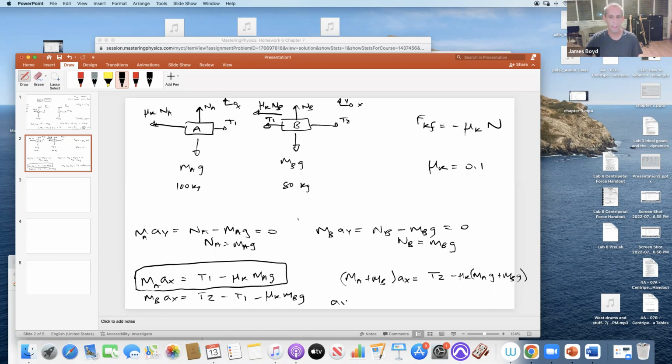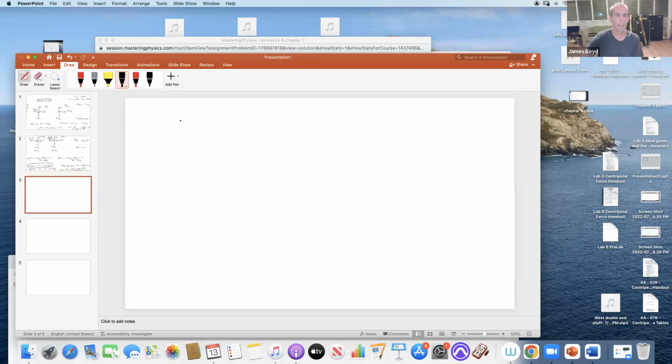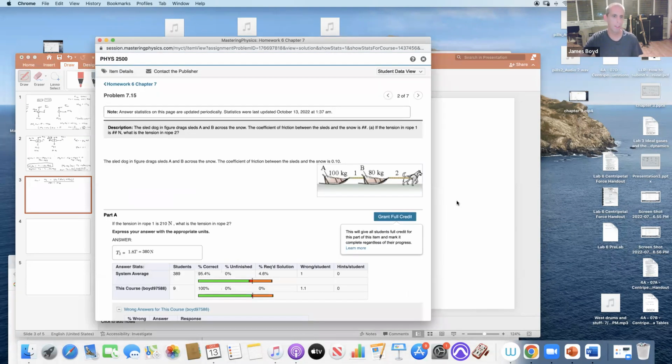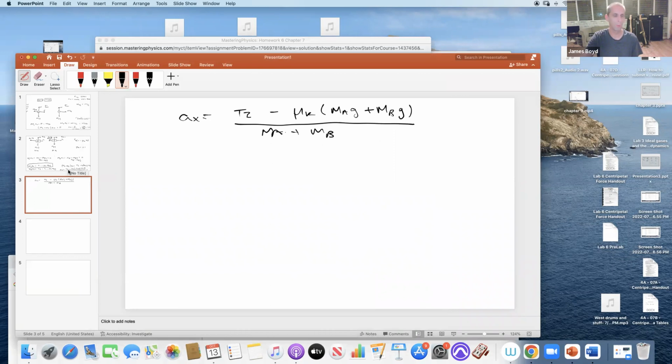So A X will equal T2 minus mu K times M A G plus M B G, and then divide that whole thing over M A plus M B. Now T2, they told me, yours is probably different, was 200. I'm sorry, they want us to find tension in rope 2.